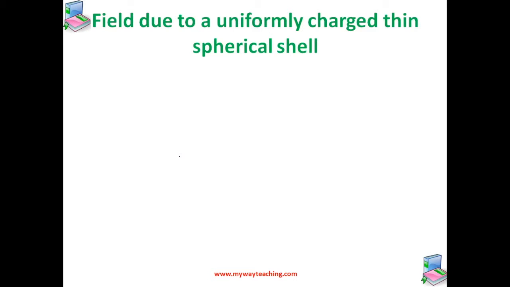Field due to a uniformly charged thin spherical shell. Again, let sigma be the uniform surface charge density of a thin spherical shell of radius R. Here the situation has spherical symmetry. The field at any point P, outside or inside, can depend only on r and it must be radial.